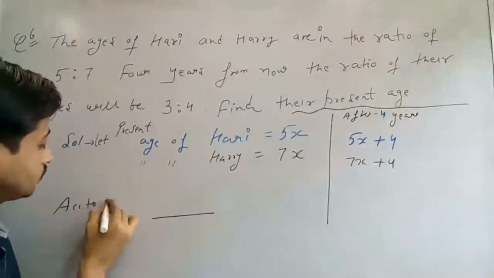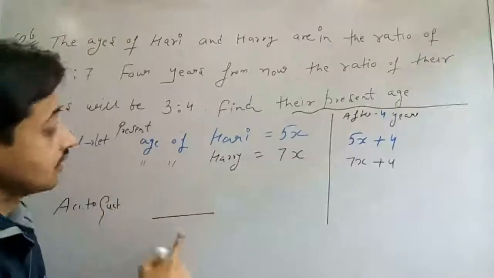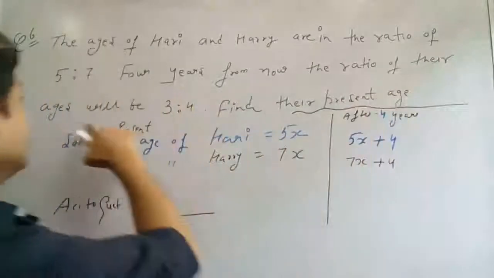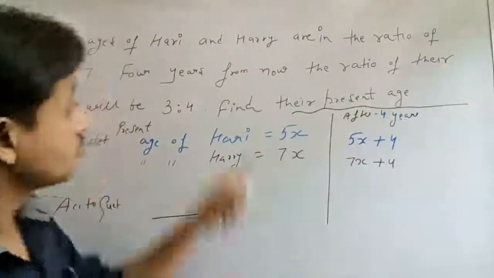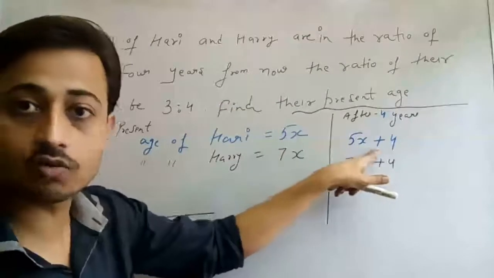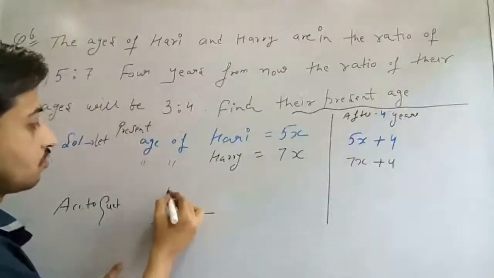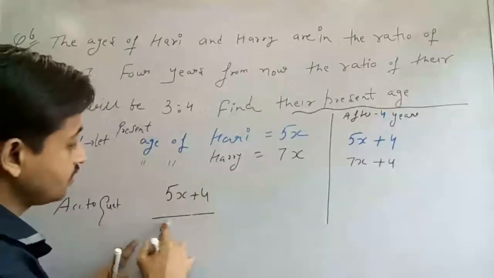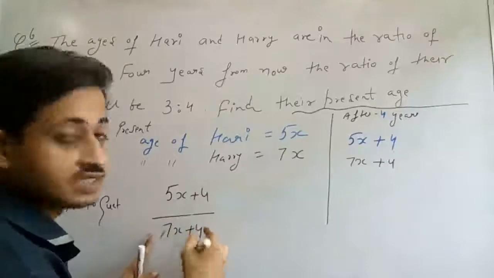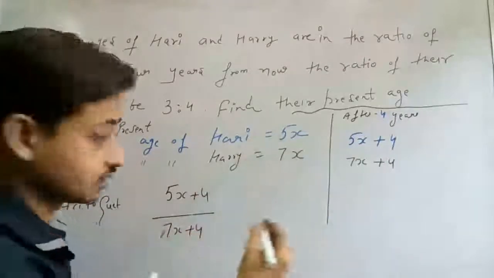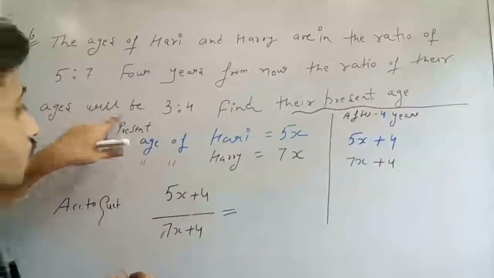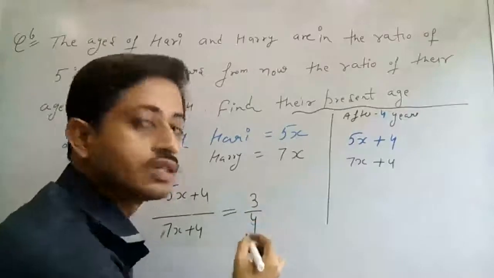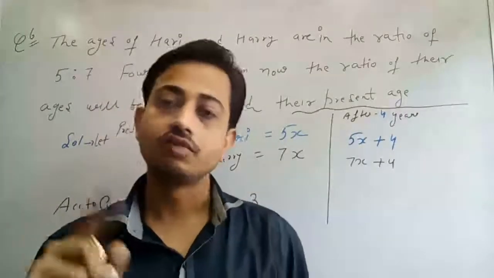According to the question, the ratio of their ages after 4 years is 5x plus 4, this is the age of Hari, and 7x plus 4, this is the age of Harry after 4 years, becomes equal to 3:4. 3:4 can be written as 3/4, because ratio means we are dividing.